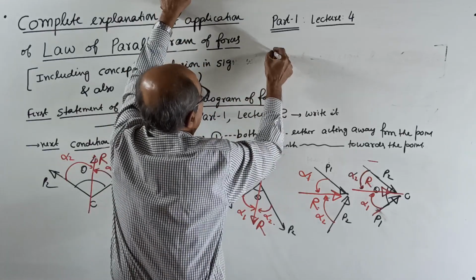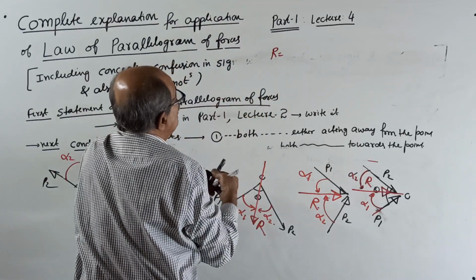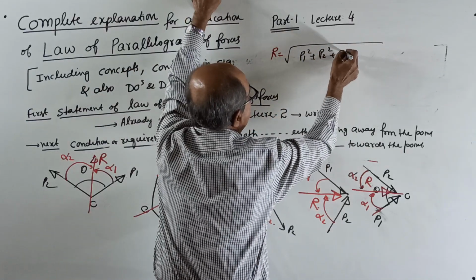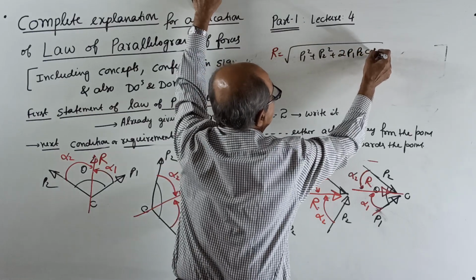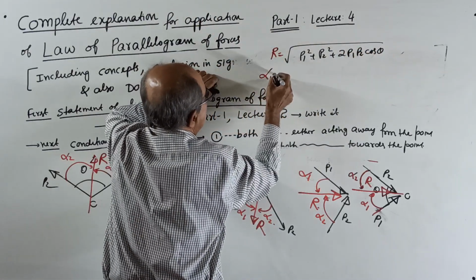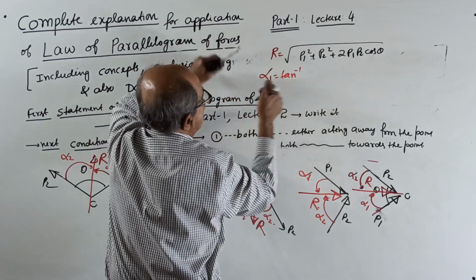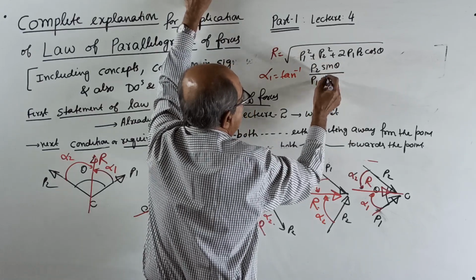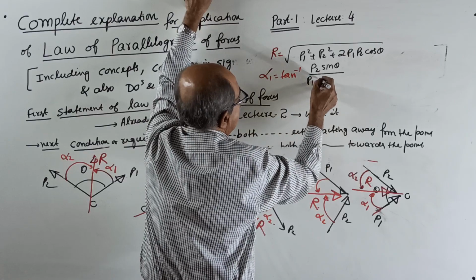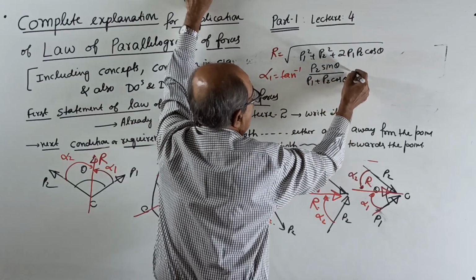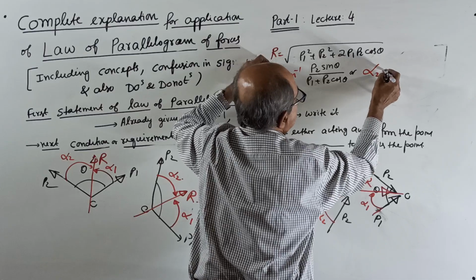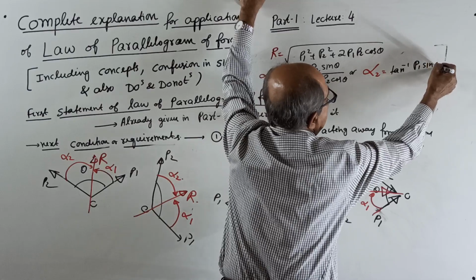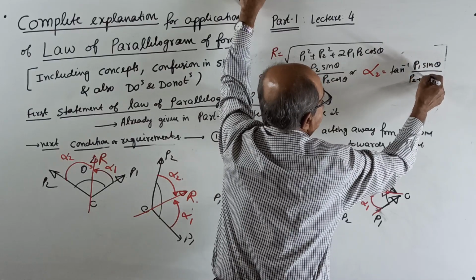Your answer is R equal to square root of P1 square plus P2 square plus 2 P1 P2 cos theta, and alpha 1 is tan inverse of P2 sin theta divided by P1 plus P2 cos theta, or alpha 2 equal to tan inverse of P1 sin theta divided by P2 plus P1 cos theta.